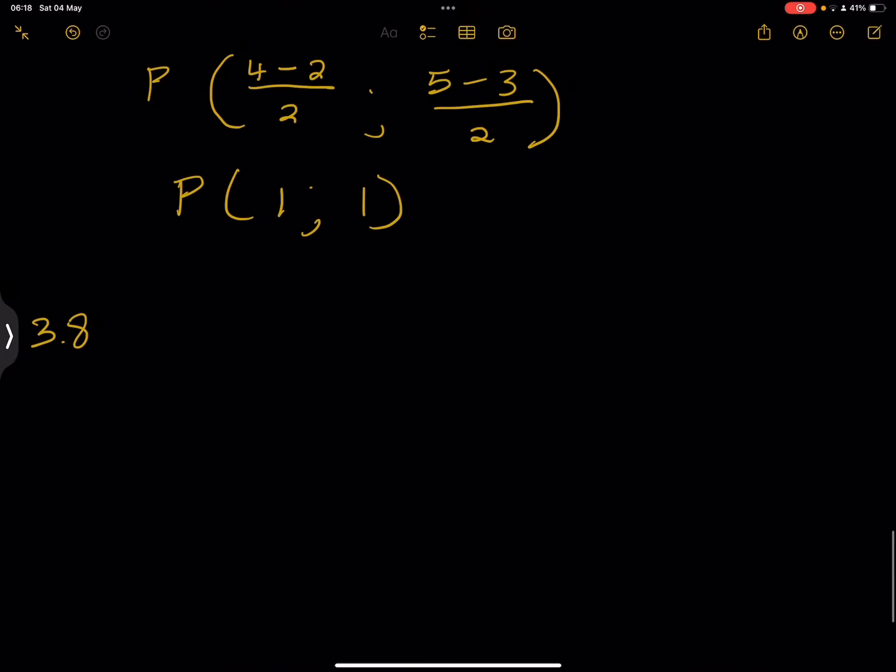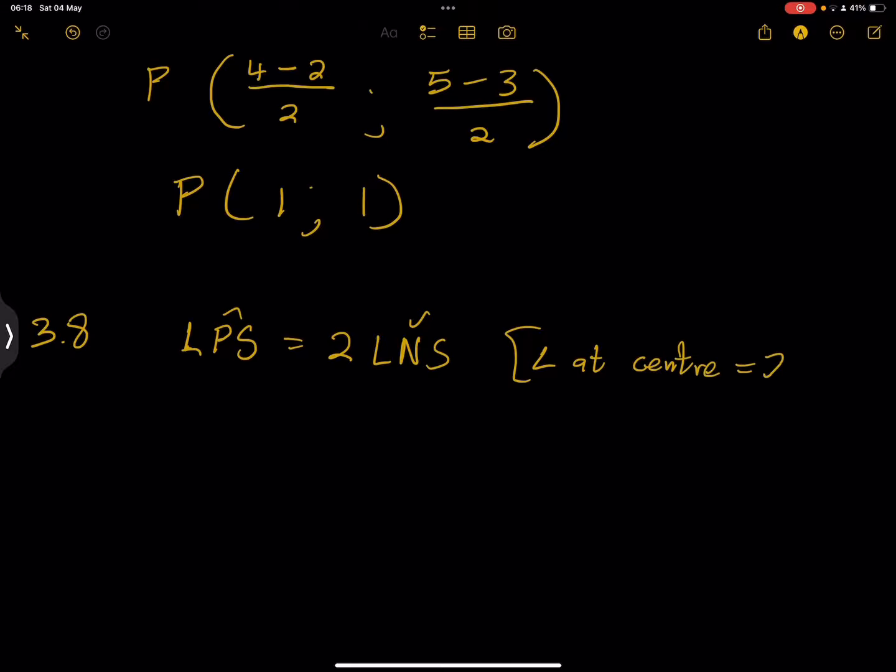So we're going to say that angle LPS is equal to 2 times angle LNS. We are using angle at center equal to 2 times angle at circumference.